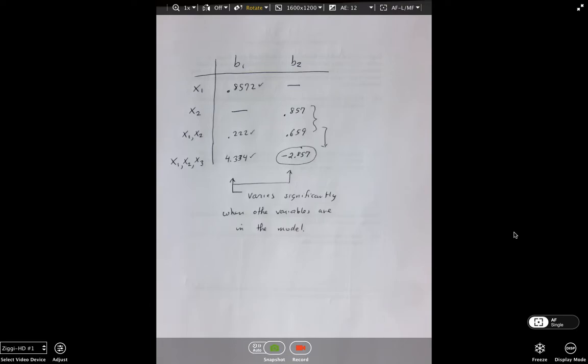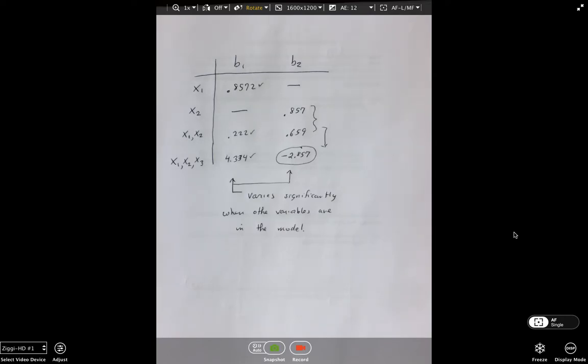So again, we add something, its impact depends on what's either in there or what's not in there. So its inclusion doesn't really represent the individual effect of the variable. It represents kind of a marginal effect of the variable.